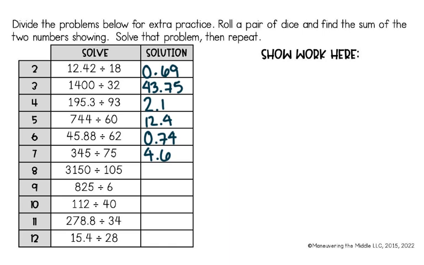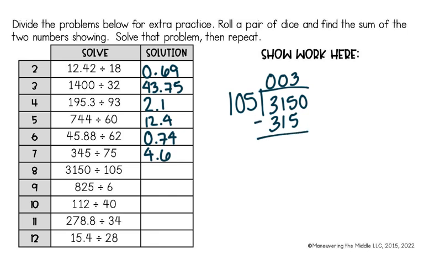All right. 3,155 divided by 105. 105 cannot go into 3. 105 cannot go into 31, but it can go into 315, and it can go in 3 times. 3 times 105 is 315. 315 minus 315 is 0.